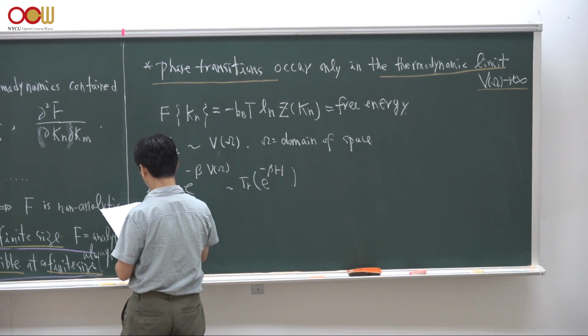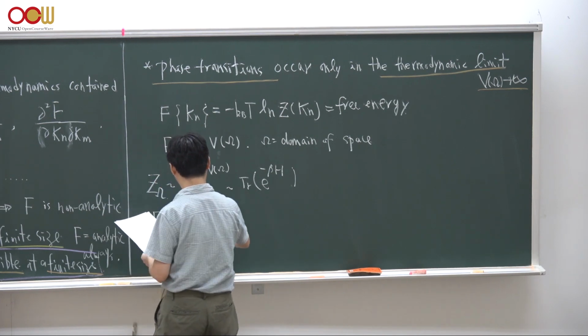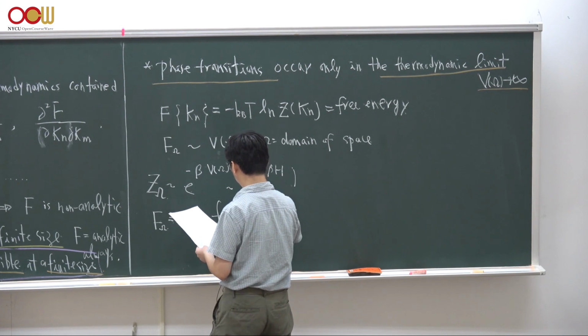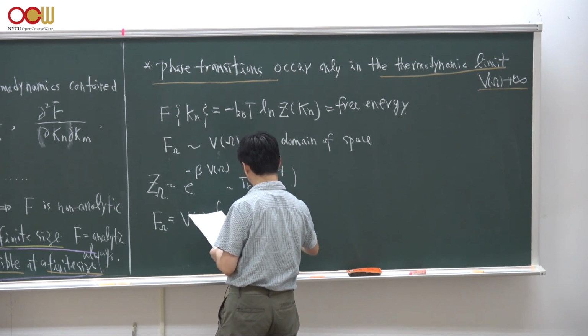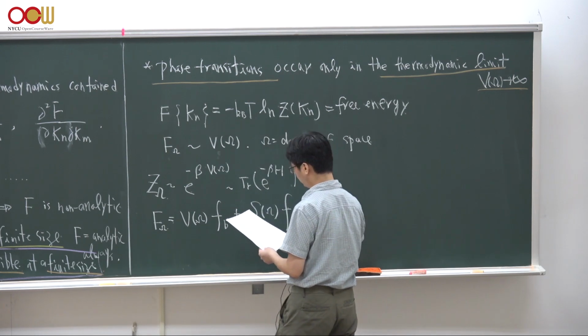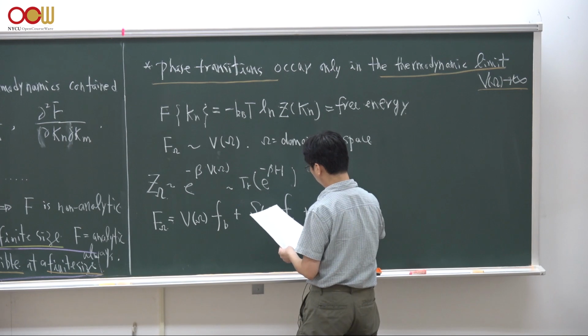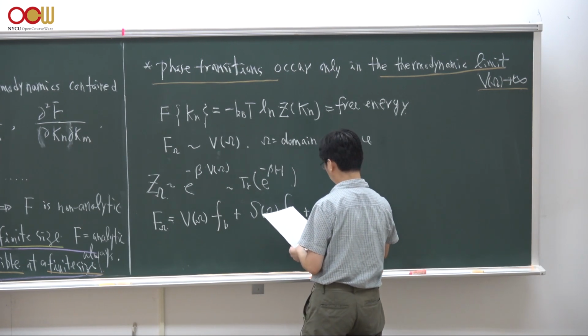So we could expand this free energy as a function of the volume times the free energy density in the bulk, plus the surface contributions, which is the surface area multiplied by the free energy density per unit area, plus other things which we don't care about.